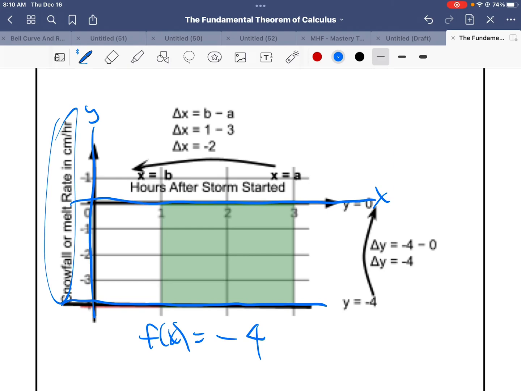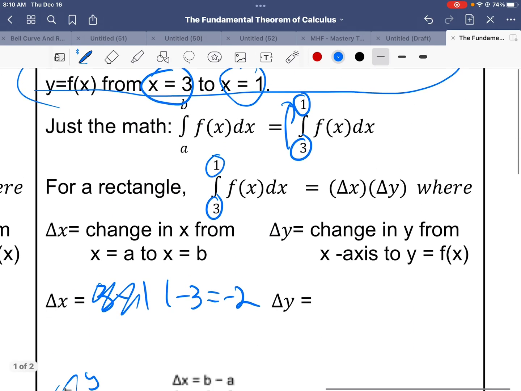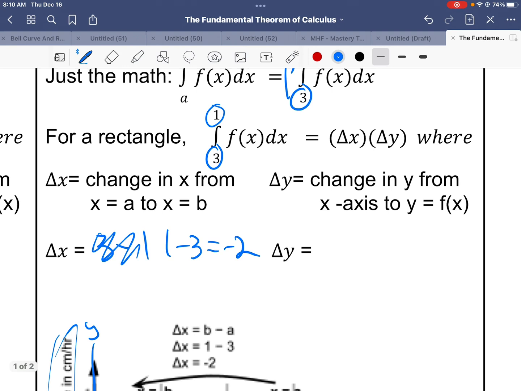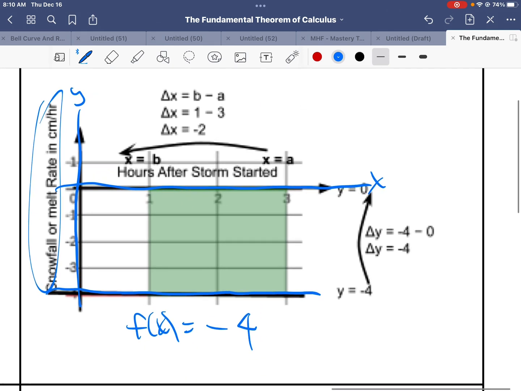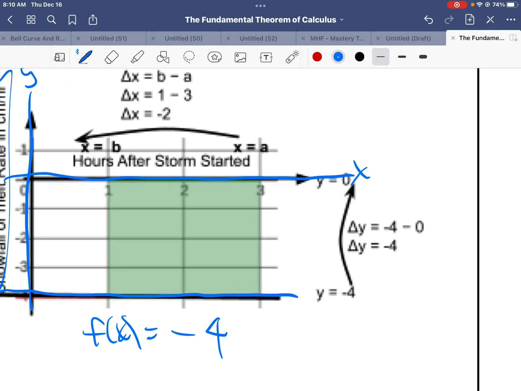Okay, so I want to go back up here. The change in x from A to B is negative 2 because we're going from 3 hours to 1 hour. And then we always measure delta y, and my arrow's wrong here. I always start from y equals 0, the x-axis.